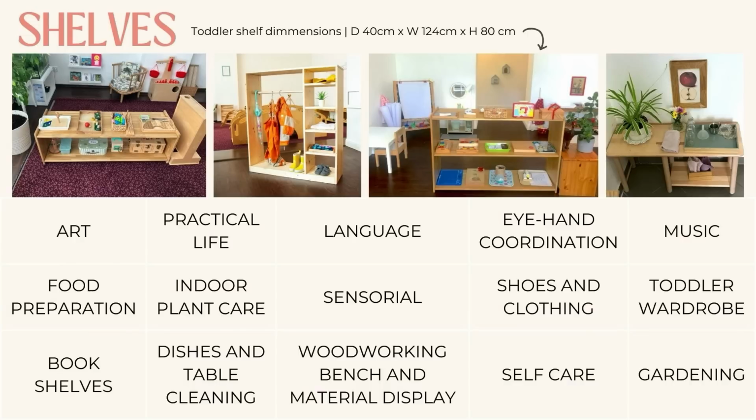There's the music shelf, which was also in the baby environment, food preparation, plant care, sensorial work, the shoes and dressing areas, perhaps a toddler wardrobe, several bookshelves, a shelf for storing dishes and cleaning supplies just for the table and eating time, the woodworking bench and the tools, which could be on a shelf or on a wall display, the self-care area, and the gardening area if you have a garden, of course.